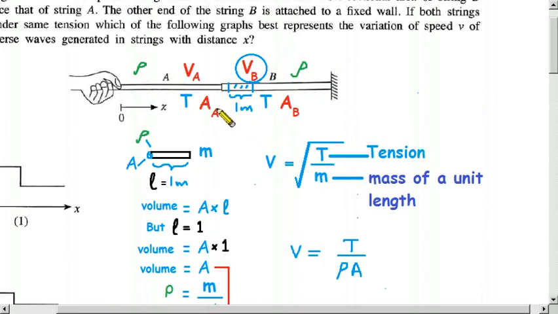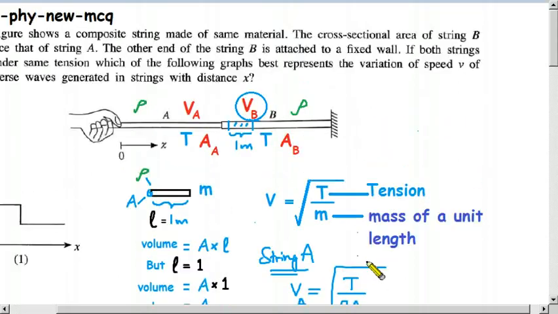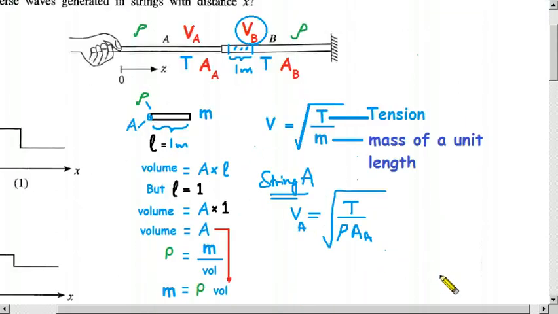Let us first write the equation for string A. For string A, this V is going to be VA: tension is common, then rho is common, then the area of string A. I write a small a here. This is equation 1.